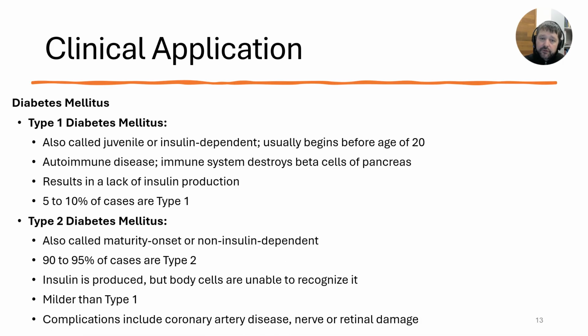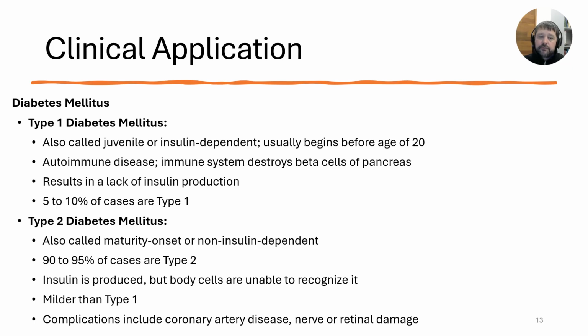Type 2, on the other hand, is not part of your immune system and is mostly related to, at least we think it's mostly related to, overconsumption of glucose, typically. Okay? Sometimes this is called non-insulin dependent, okay, or mature diabetes. And so most of the cases are type 2.